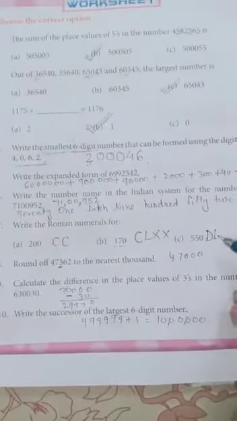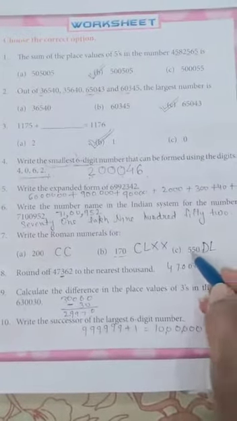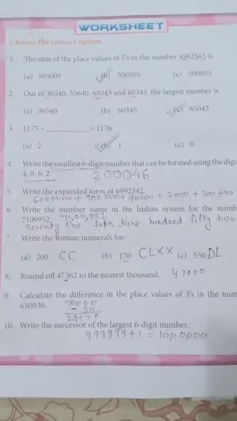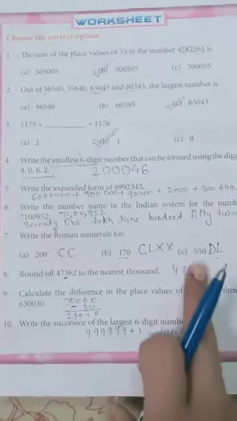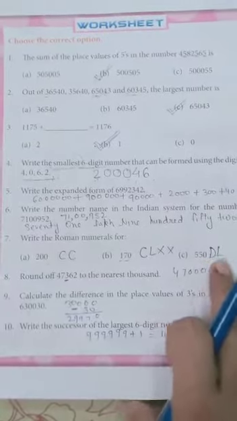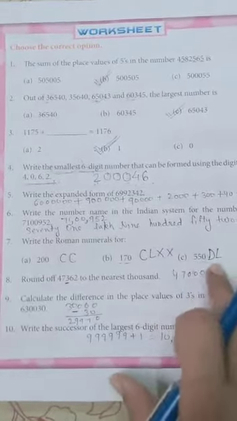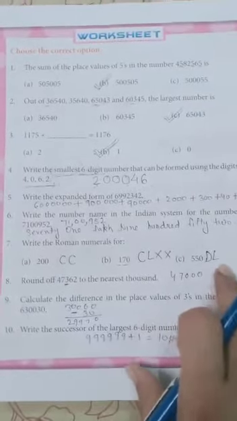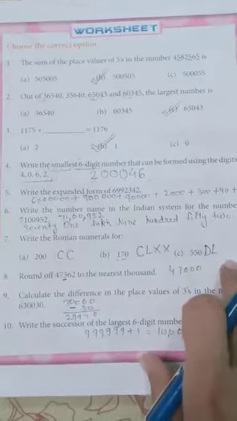Now come to the last, 550. When we break it, we read it as 500 plus 50. So for 500 we use the symbol D, and for 50 we use the symbol L. Then what will be the Roman numeral for 550? It will be DL. Okay, got that?